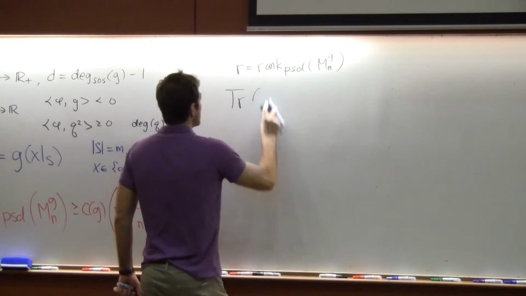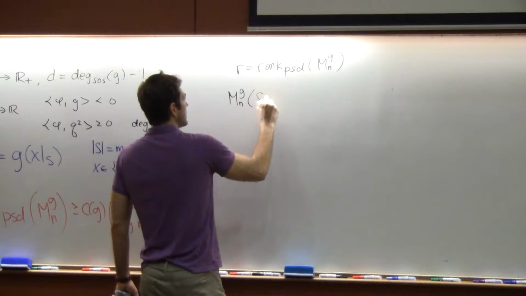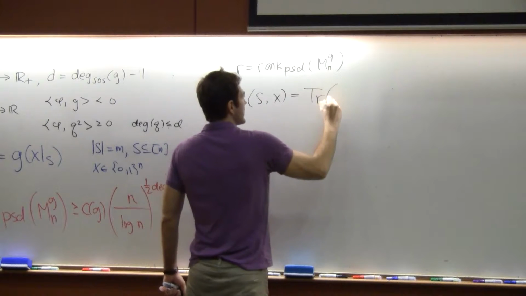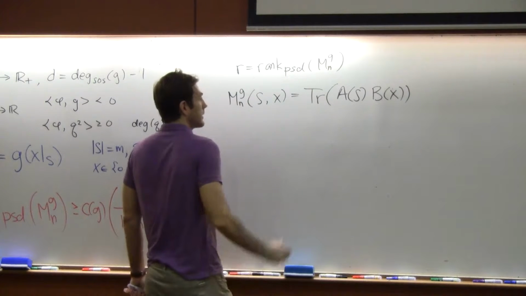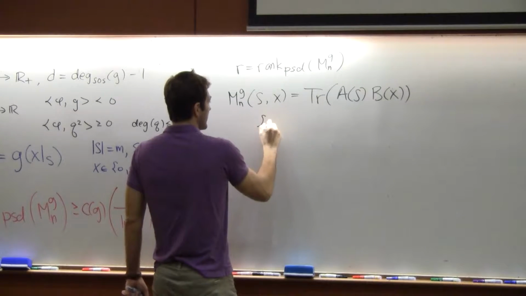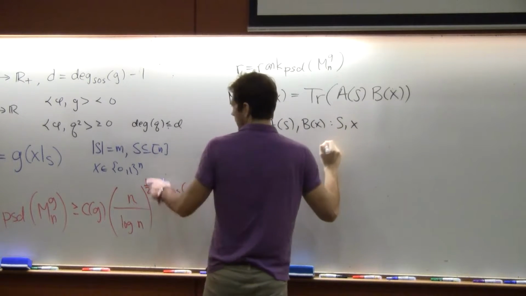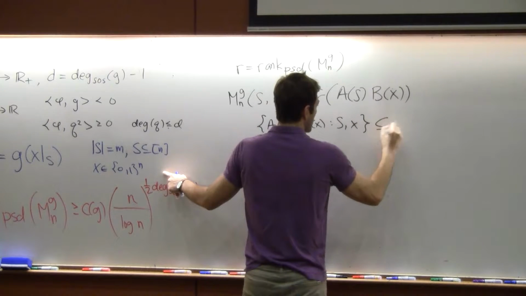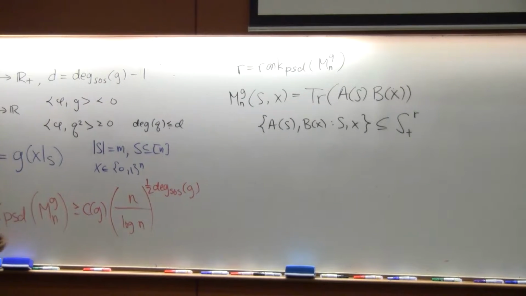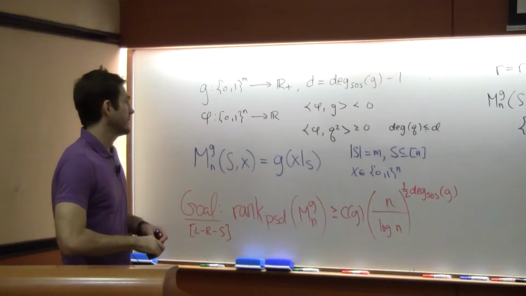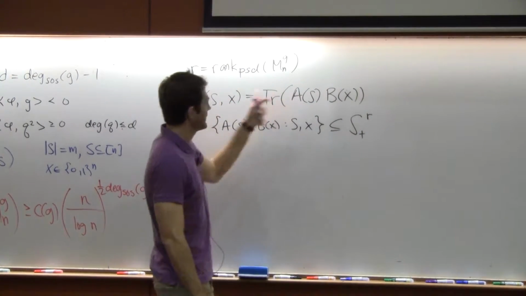It means that we can write M_g as trace of A_S B_x, where A_S and B_x, over the whole range of indices here, are positive semidefinite matrices, r by r positive semidefinite matrices. This is what the PSD rank means. And so our goal is to prove a lower bound on this, to show that if r is too small, this is an impossibility.